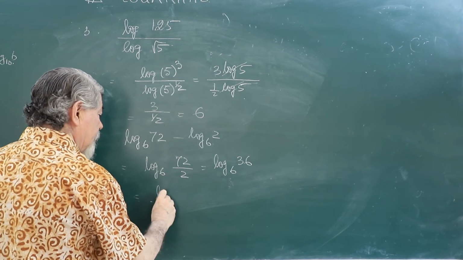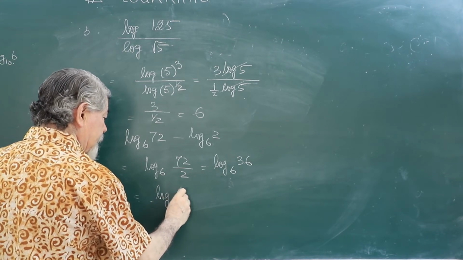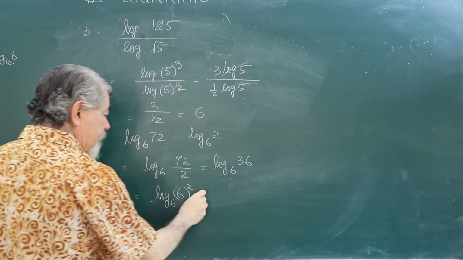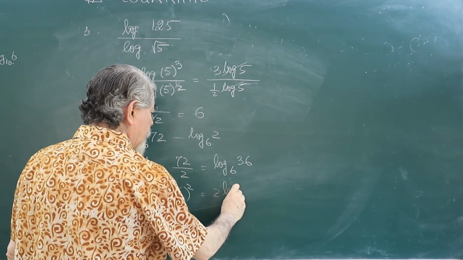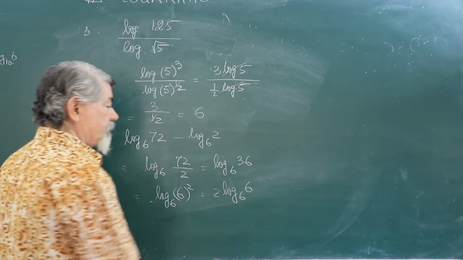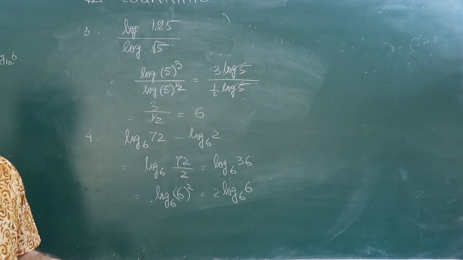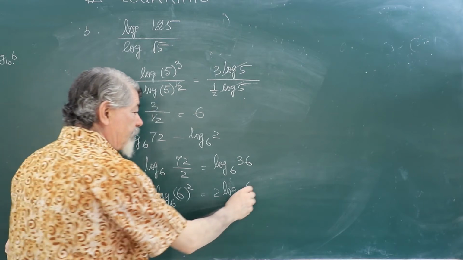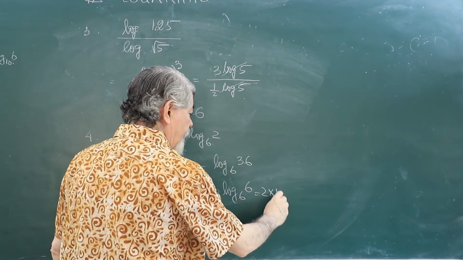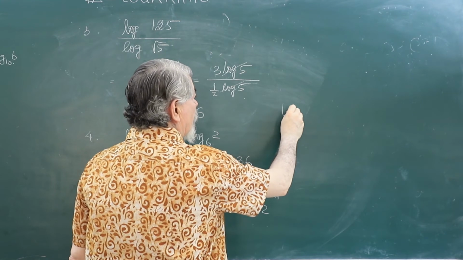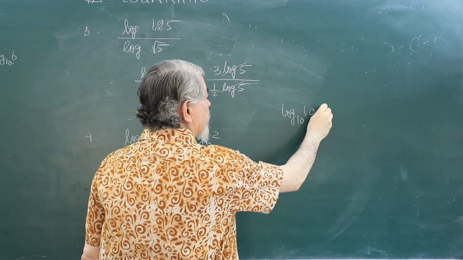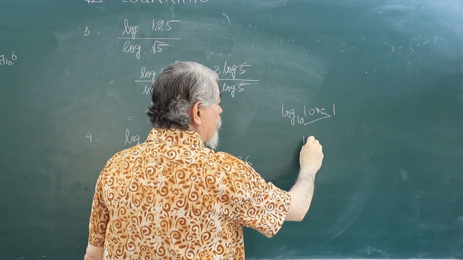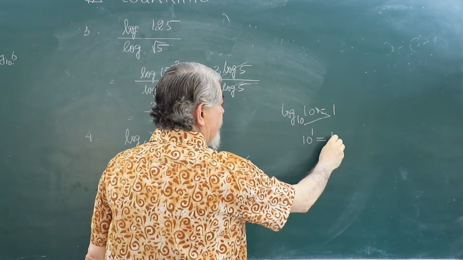And then it will become log 6 to the power 2 to the base 6. The 2 will come in the beginning. It will become 2 log 6 to the base 6. And any number to its own base will become 1. Why? We told you log 10 to the base 10 is equal to 1, because 10 to the power 1 gives 10.